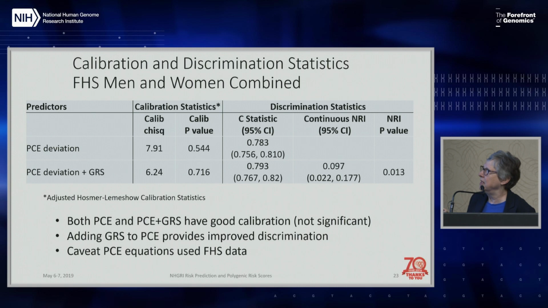And that's one of the issues that people struggle with the C statistic. Going on to the NRI, we found that adding the GRS risk score to the PCE calculation had a statistically significant improvement in the risk prediction of this number, 0.097.